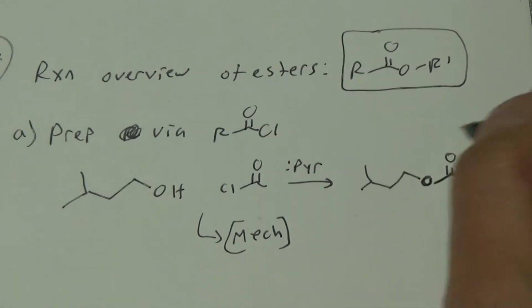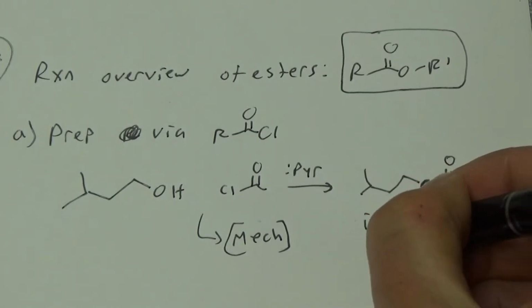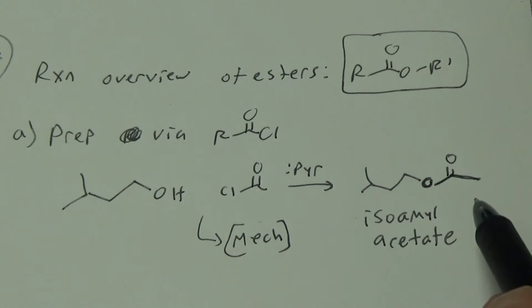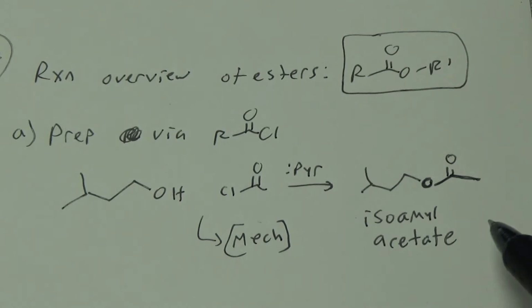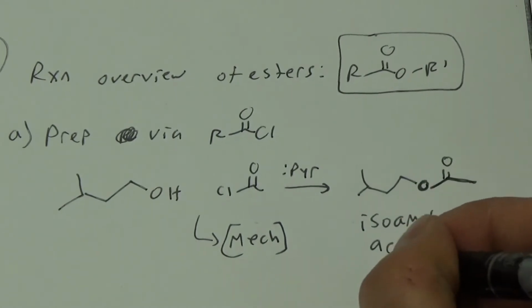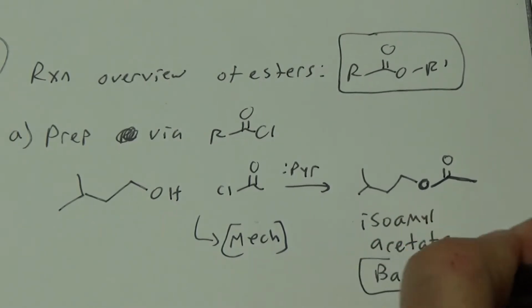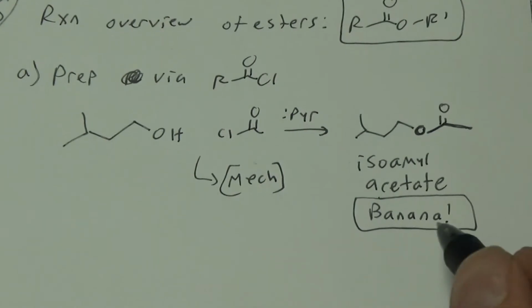This stuff has a name, it's called isoamyl acetate. A lot of the esters actually smell nice. This smells incredibly nice and fruity. It smells like banana. This is actually what you smell when you open up a banana and peel a banana.